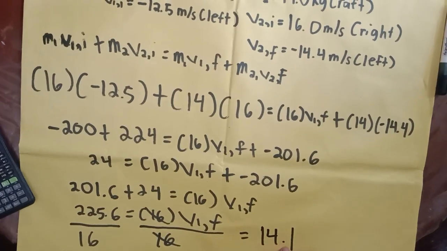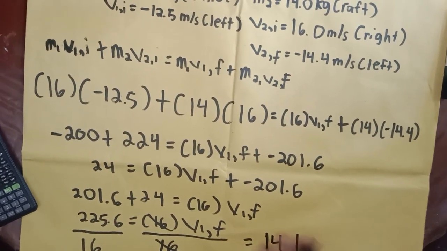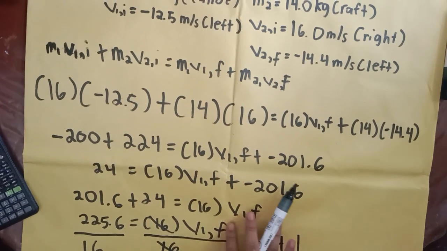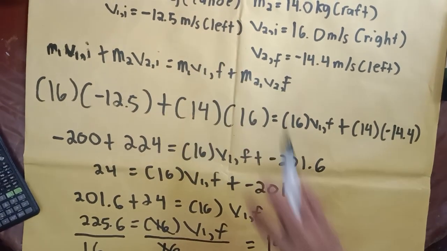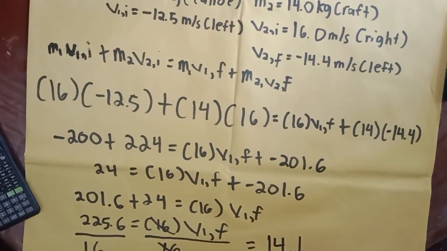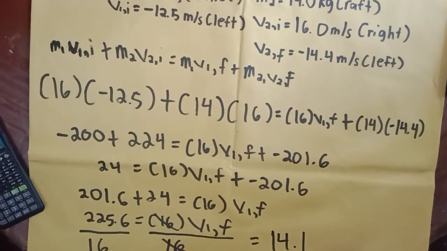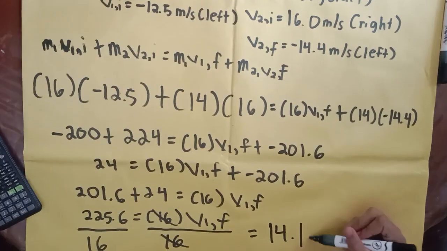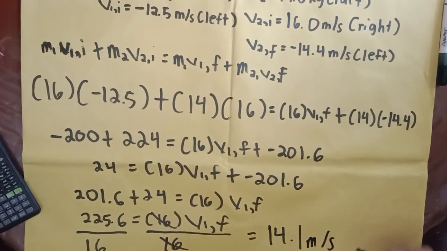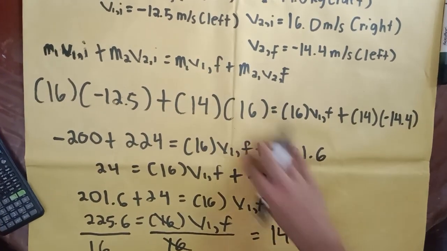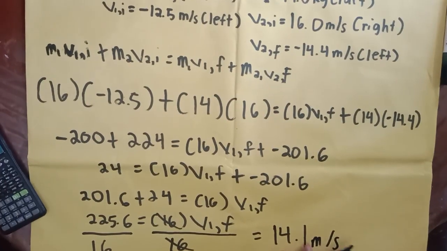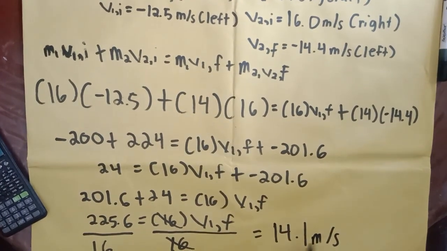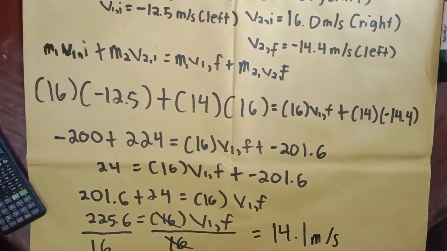So we found the unknown, which is the final velocity of the canoe. So the final velocity of the canoe is 14.1 meters per second. So our problem is solved because we already found the final velocity of the canoe, which is 14.1 meters per second.